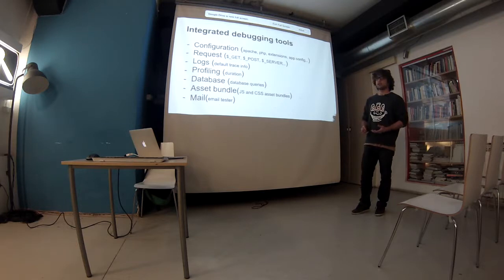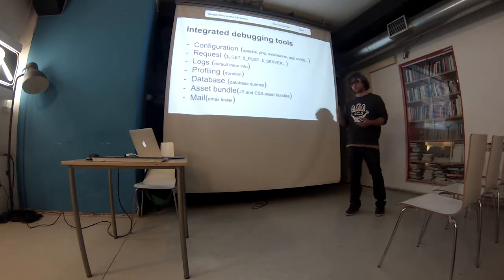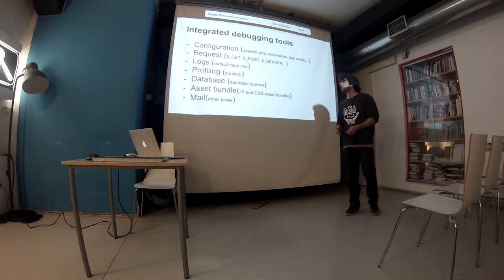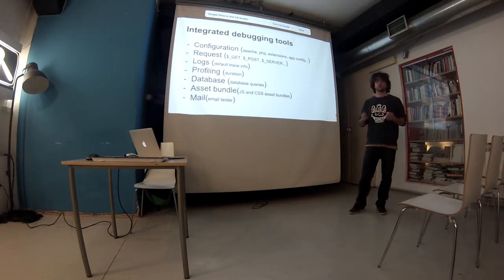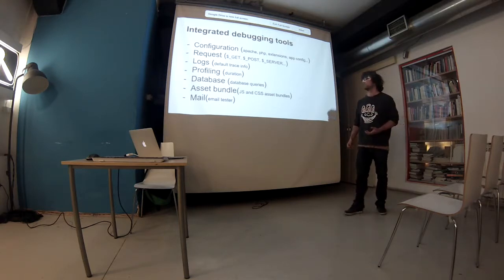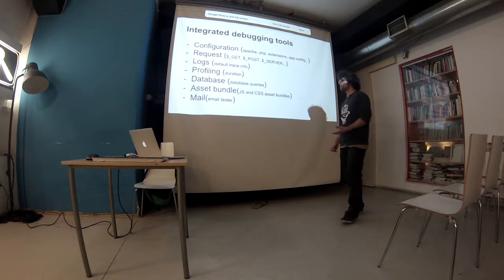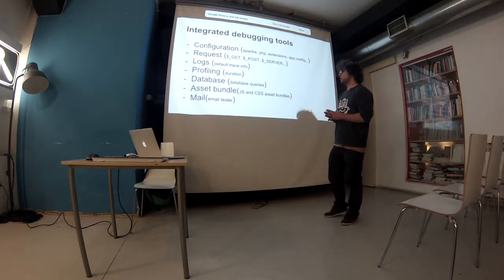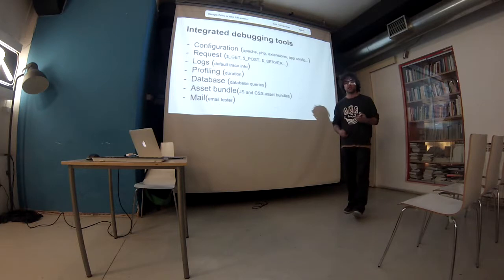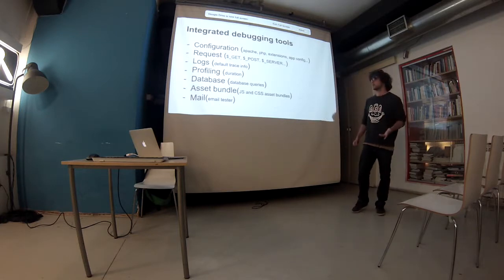Log at the end, depending on your trace setting, will display all that was logged for that application. Profiling will provide you with your profiling information, and database will provide you with the explanation of your database queries with timings and stuff like that.